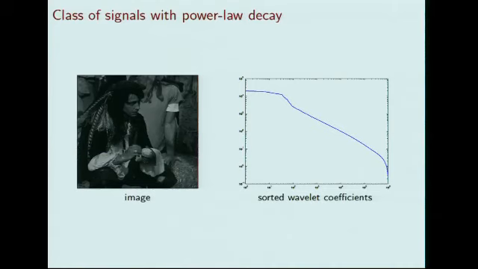All right, so to be able to make a statement like this, which holds universally, we're going to have to make an assumption about the signal class we care about. And we've seen that if we take images and compute wavelet coefficients, they decay fairly fast. When I look at a log-log plot of the reordered wavelet coefficients of an image, I see some kind of a power law decay.